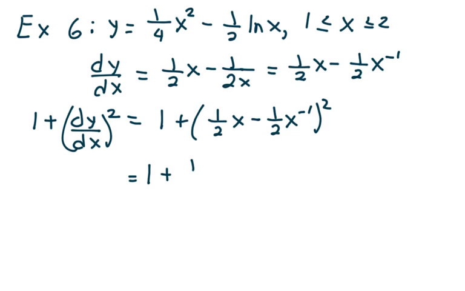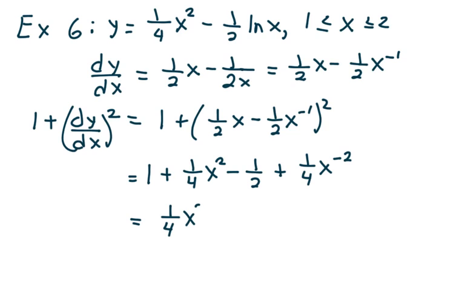And so you get 1 plus 1/4 x squared minus 1/2 plus 1/4 x to the negative 2. So I'm just squaring out a binomial, essentially. But this is 1/4 x squared, 1 minus 1/2 is plus 1/2, and then I'm going to add 1/4 x to the negative 2.